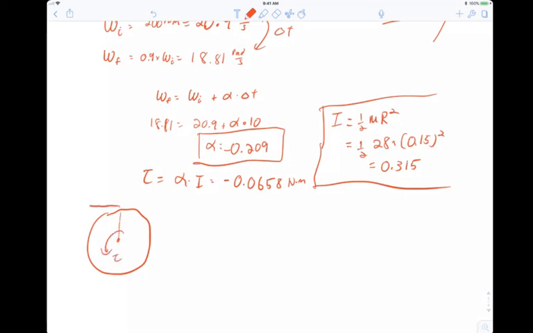That corresponds to a force, which is the friction force. So the friction force times the radius is equal to the torque. So the friction force is going to be the torque, 0.0658 divided by the radius, 0.15. Friction force is 0.44 newtons.